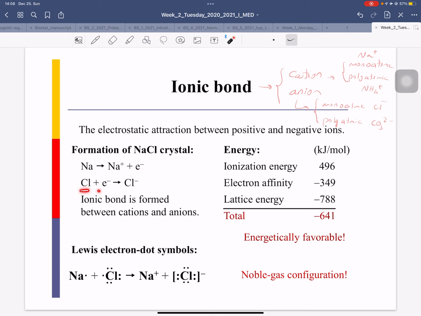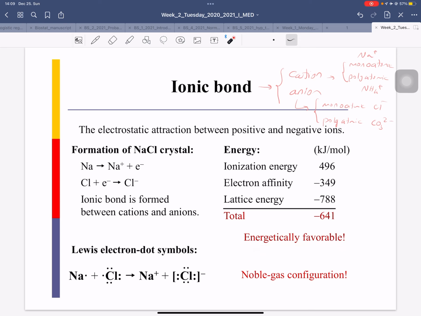Chlorine has a high electron affinity, would like to accept the electron and become an ion, and its electron affinity is this number. But the most important for the ionic bond formation, we need a lattice energy to make a network of the cation and anion. It is negative, and the total energy of formation of the cation and anion will be negative. Because it is negative, it is exothermic, and energetically more favorable.